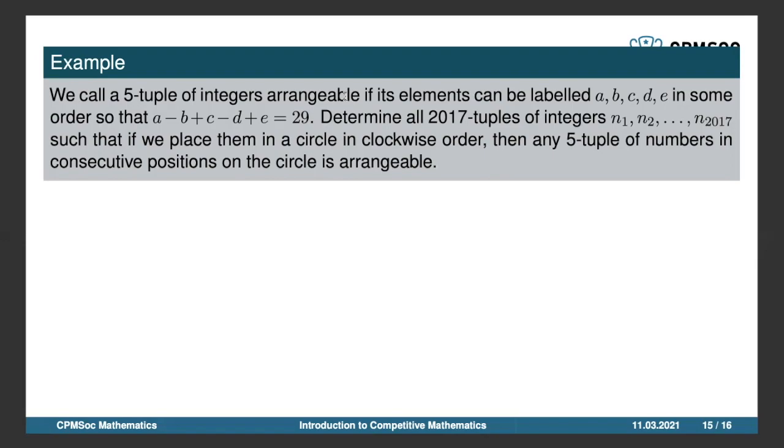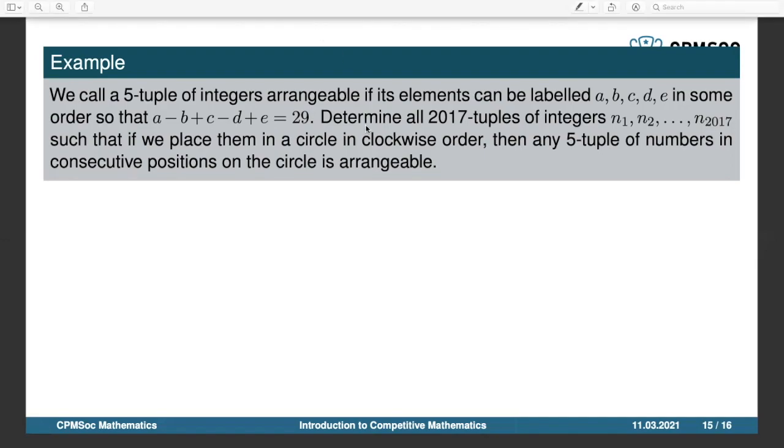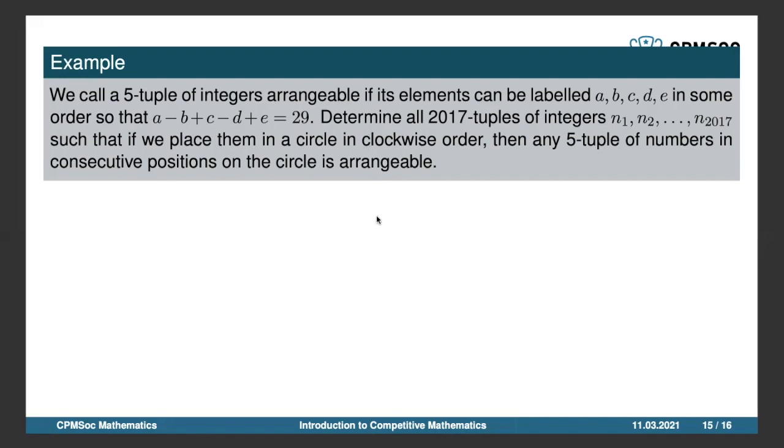So for example, if the numbers were 1, 2, 3, 4, 5, you could do 1 minus 2 plus 3 minus 4 plus 5, or 2 minus 3 plus 4 minus 5 plus 1. So you can choose what your A, B, C, D, and E are. So that's a condition for a group of 5 integers to be arrangeable.